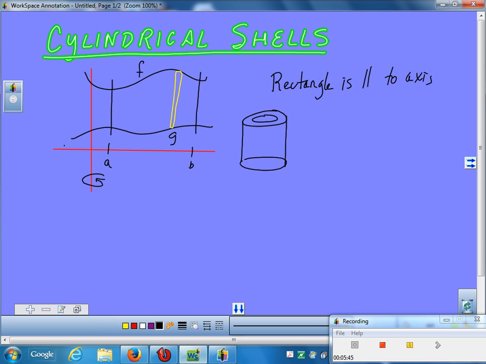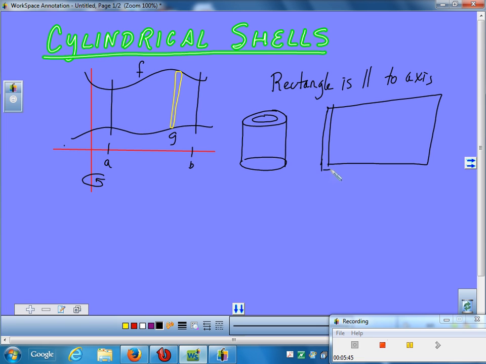What happens if you take the shell and cut it open, and then unfold it and lay it out flat? Then it's just a rectangle, isn't it? Except it's got some thickness to it. So if you cut it open and lay it out flat, yep, you're going to get a rectangle, but you have to have some thickness involved.